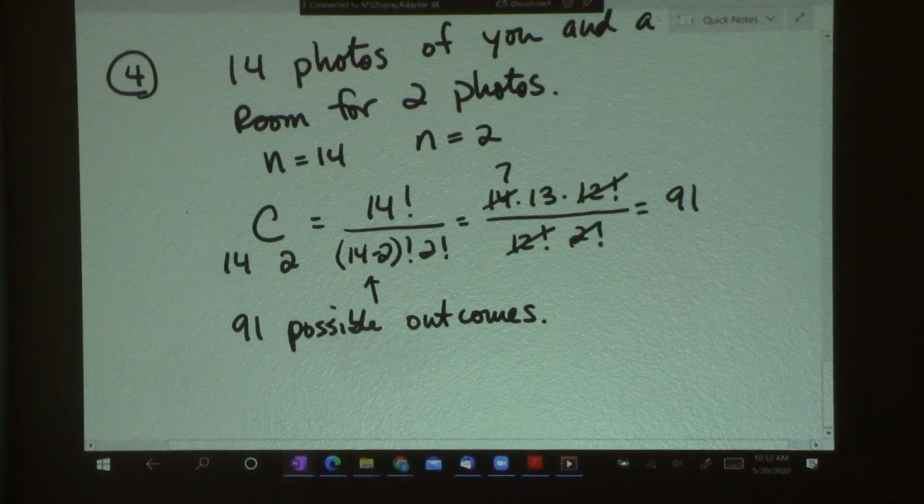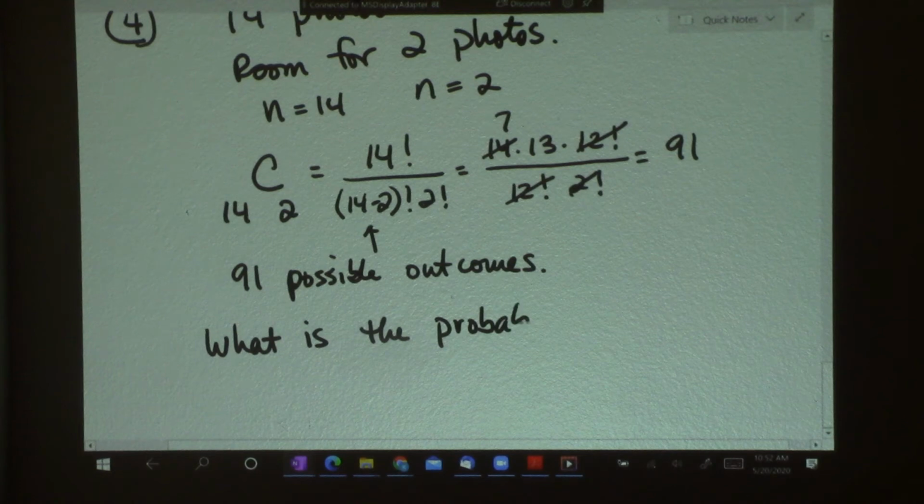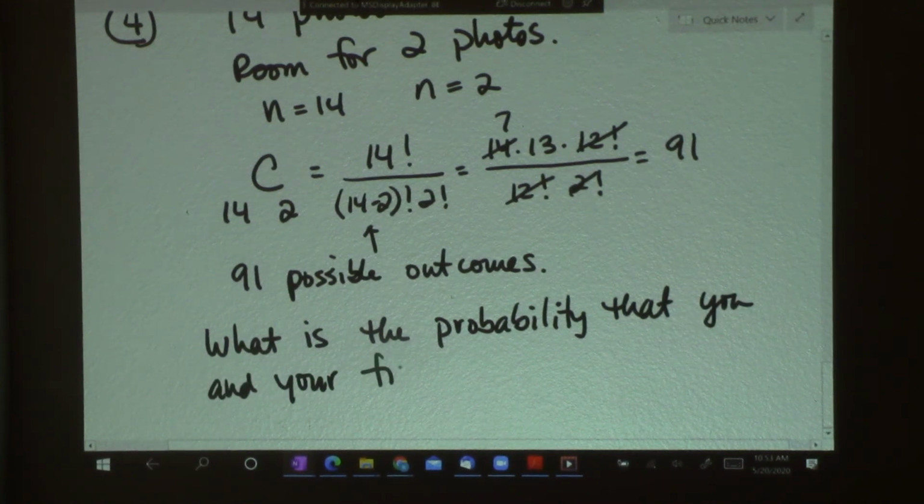Okay, so the other question is, what is the probability that you and your friend's photo are chosen?